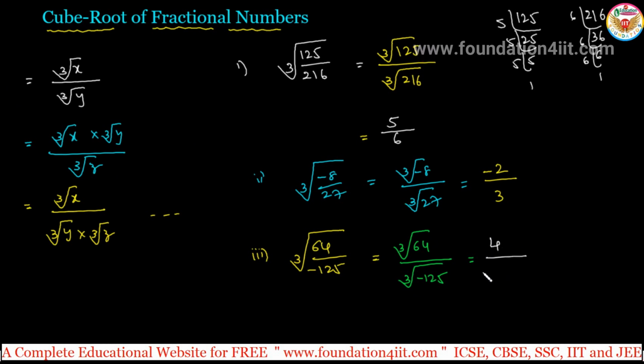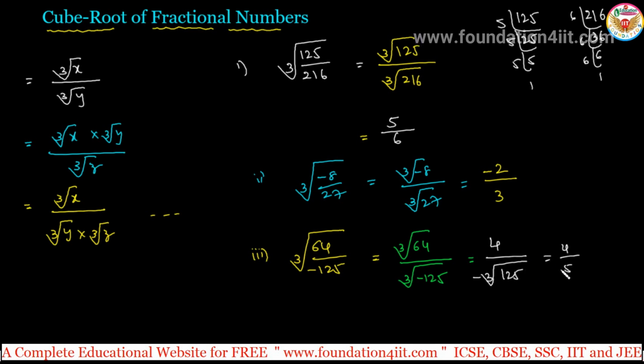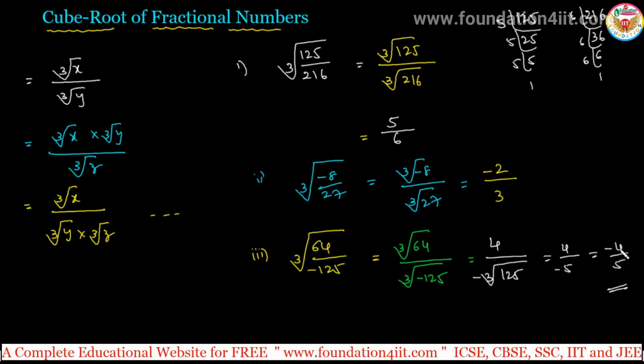Cube root of minus 125 is minus cube root of 125, so minus 5. 4 by minus 5 is nothing but minus 4 by 5. Always make the negative sign at the numerator place. Both are the same, minus 4 by 5 or minus of 4 by 5. So this is finding the cube root for a fractional number, the same way we did for the product of numbers.